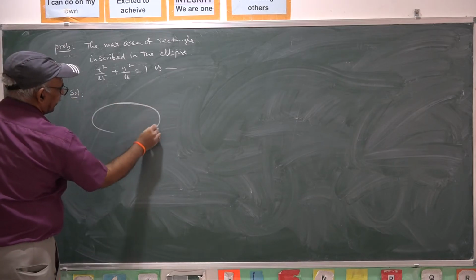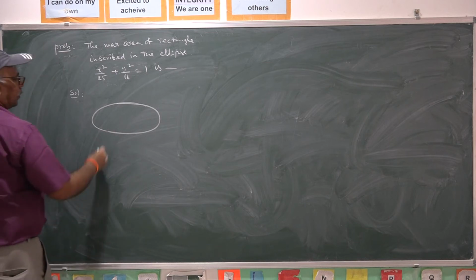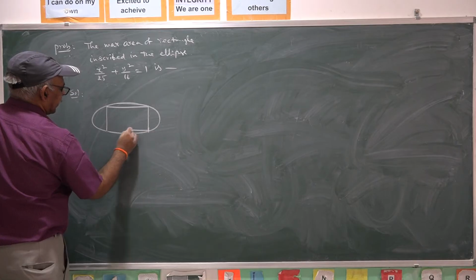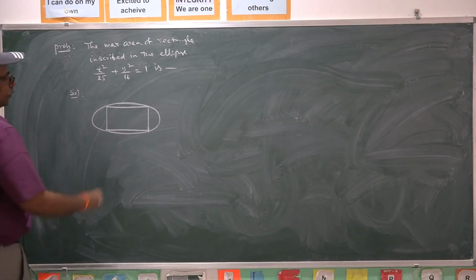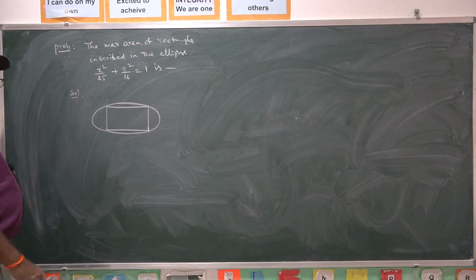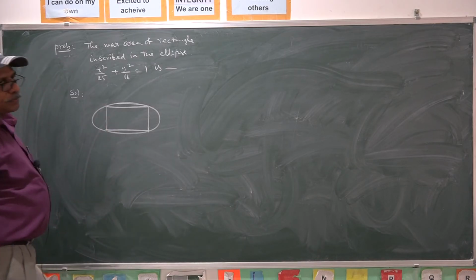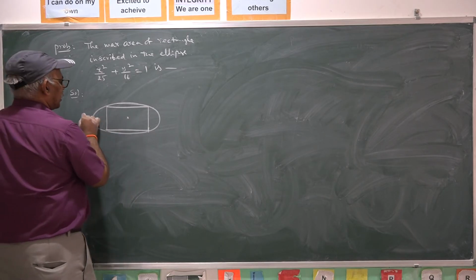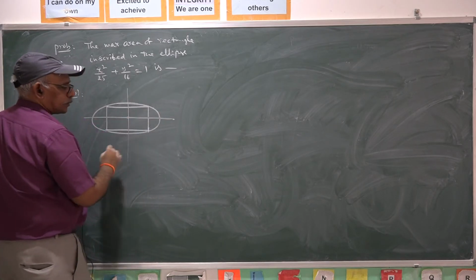This is our ellipse. The rectangle is inscribed in such a way. Of course, you can take it like this. Maximum area of the rectangle is needed here. Let us suppose these are the coordinate axes.